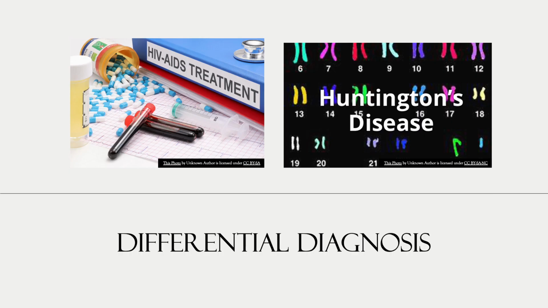Differential diagnosis for non-psychiatric disorders are epilepsy, central nervous system neoplasm, AIDS, acute intermittent porphyria, B12 deficiency, heavy metal poisoning, Huntington's disease, neurosyphilis, systemic lupus erythematosus, Wernicke-Korsakoff syndrome, and Wilson's disease.